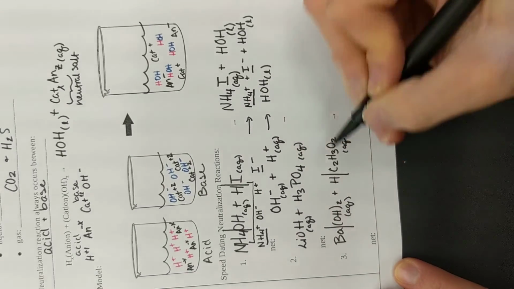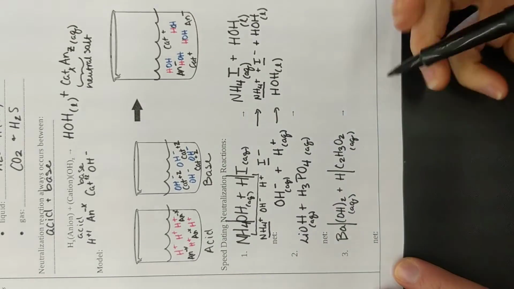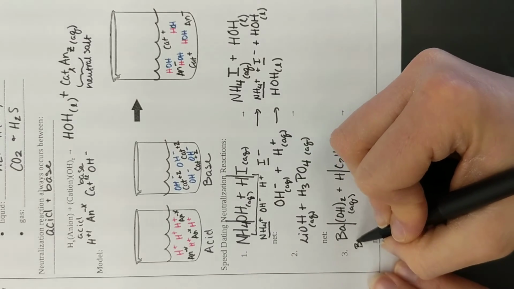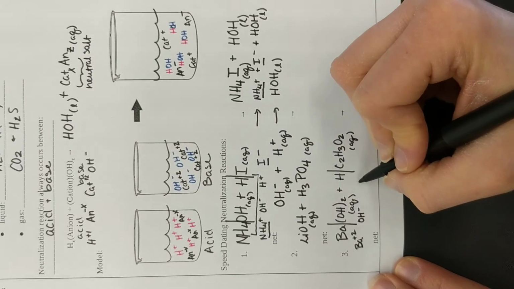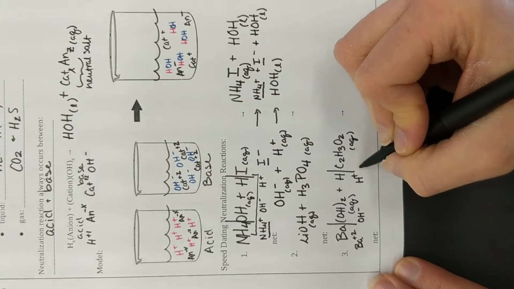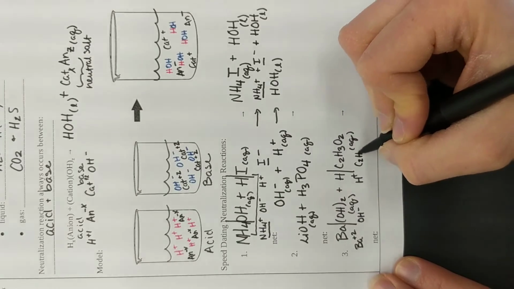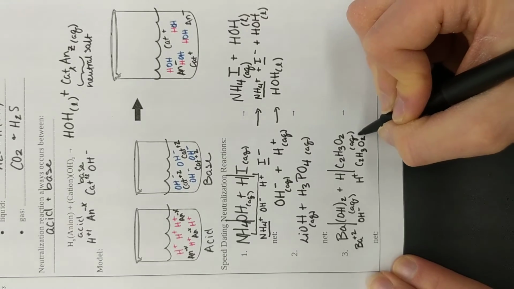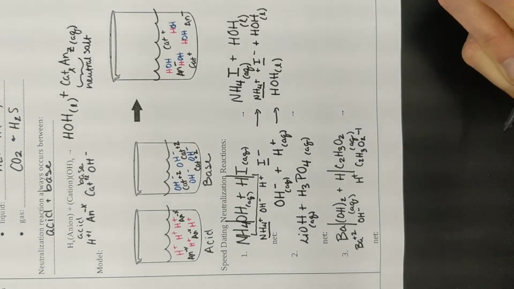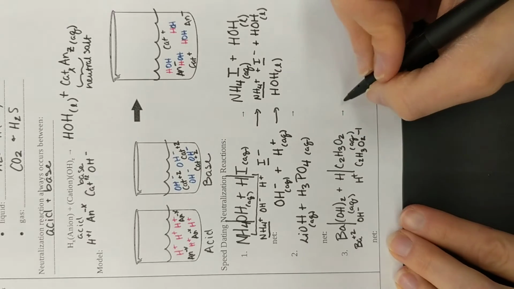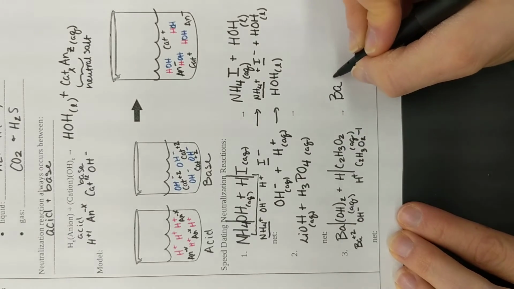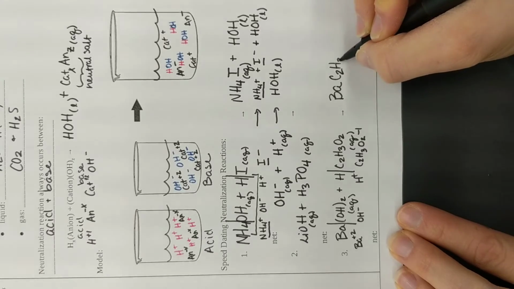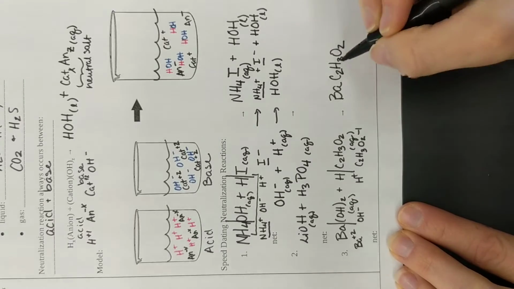Okay, so we're going to split these up. Barium is a +2 charge. Hydroxide is a -1 charge. Hydrogen is a +1. And acetate is one of our ninja ions. It has a -1. So I'm going to put my outside ions together. There's my neutral salt. I get barium with a +2, and acetate is my anion. It goes second with a -1.